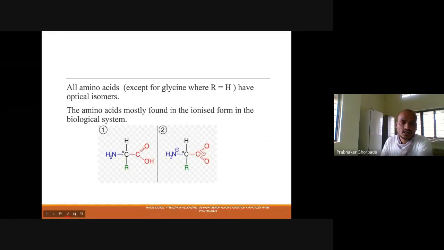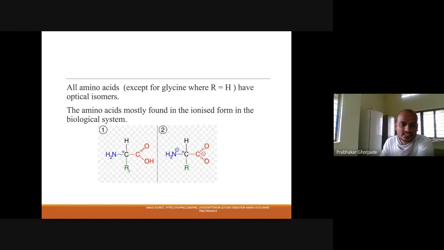For example, all amino acids except glycine have optical isomers. This is the central carbon atom, with the amino group, carboxyl group, hydrogen atom, and the R group. Three groups at least are different in each amino acid.